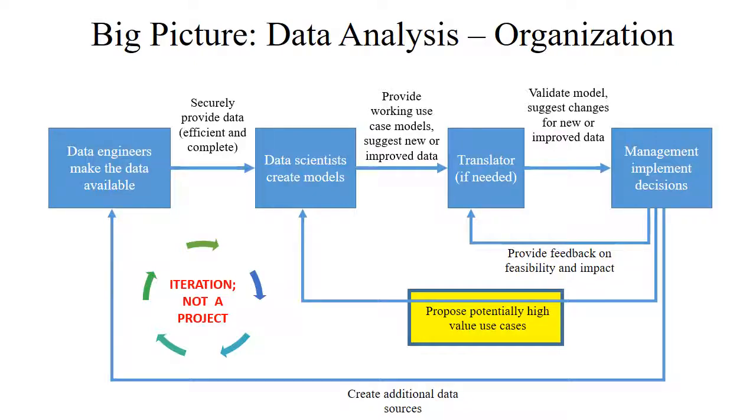It's not a project. This data analytics initiative is not just a project. You can't just milestone it out, where on day one the data engineers will do this, and on day two the data scientists will do this, and so on. That's not going to work. You need an iterative process because you're going to be constantly needing to tweak, change, and improve every step of the way. This is a flow. It's an iterative flow.